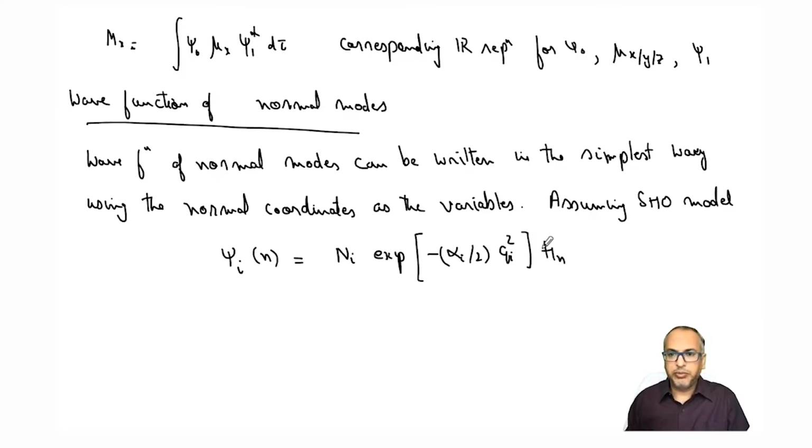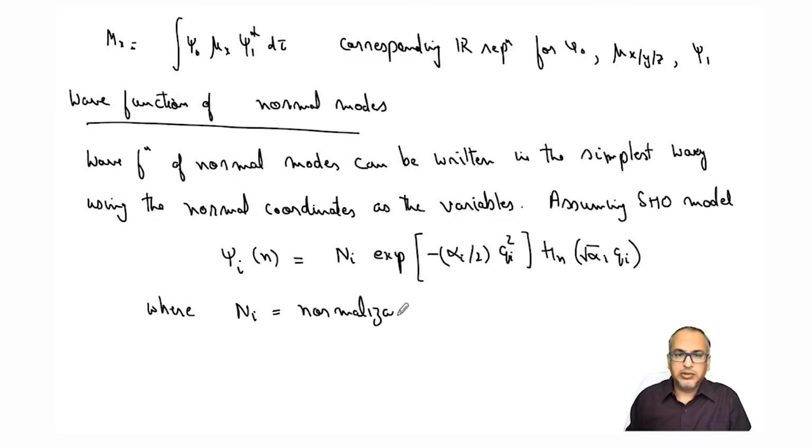See, I'm not asking you to remember this expression, I'm just giving it to you, and if I ask in the exam I will give you this expression, so do not worry about it. It's a long expression, I know, but just understand the maths behind it. Now where, let us try to explain all of this. So psi_i is the wave function of the normal mode. N_i is the normalization constant, so it does not affect the symmetry.